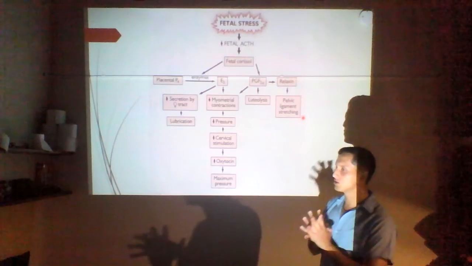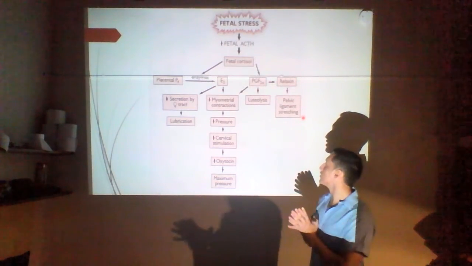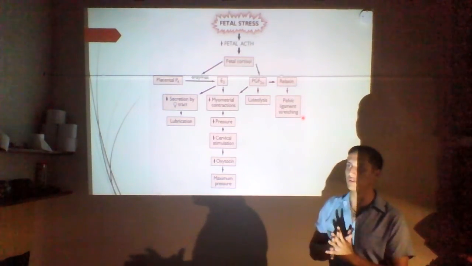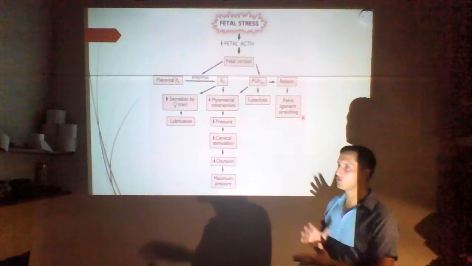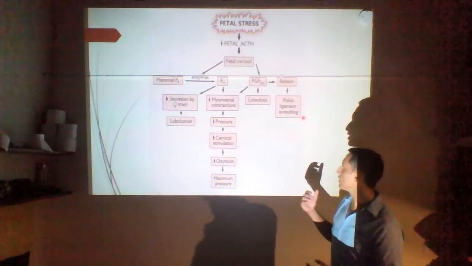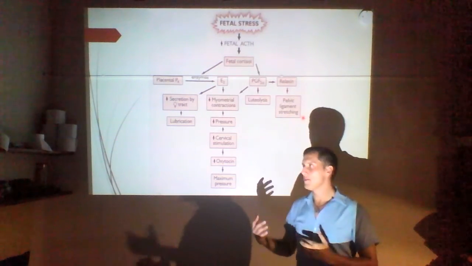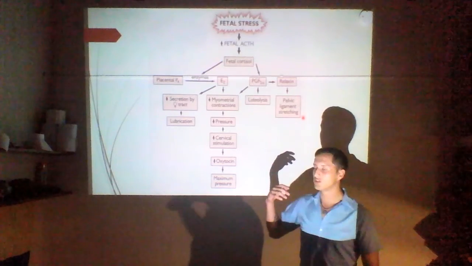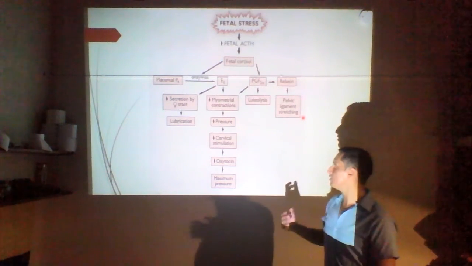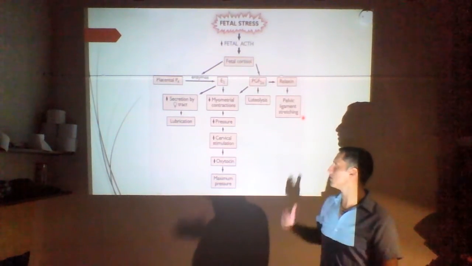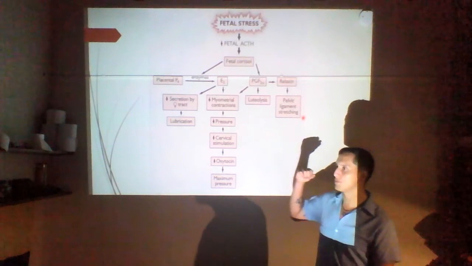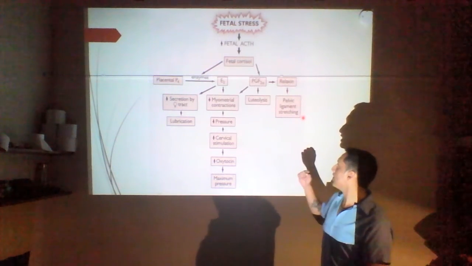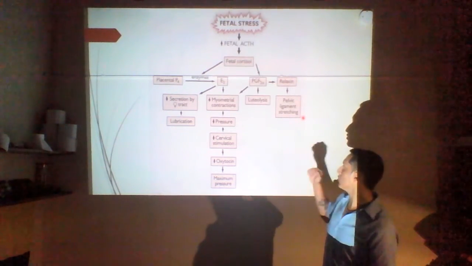Then, the fetal cortisol is also going to produce prostaglandin F2 alpha. And as I mentioned at the start, this prostaglandin F2 alpha is going to destroy the corpus luteum. Thereby, if there is no corpus luteum, there is not going to be more P4 or progesterone. This process is called luteolysis.